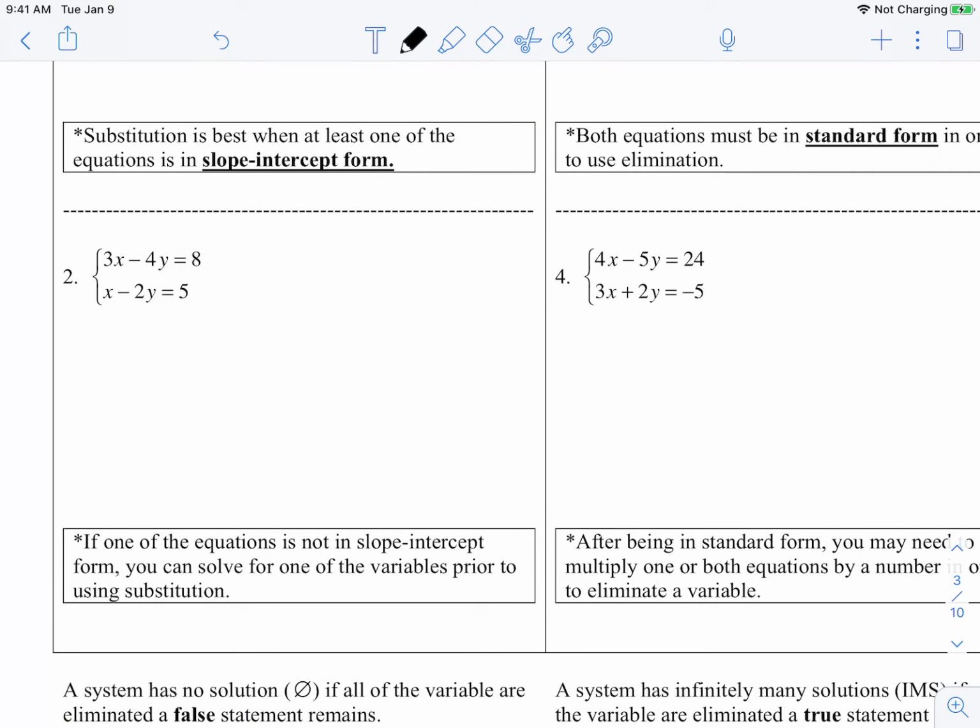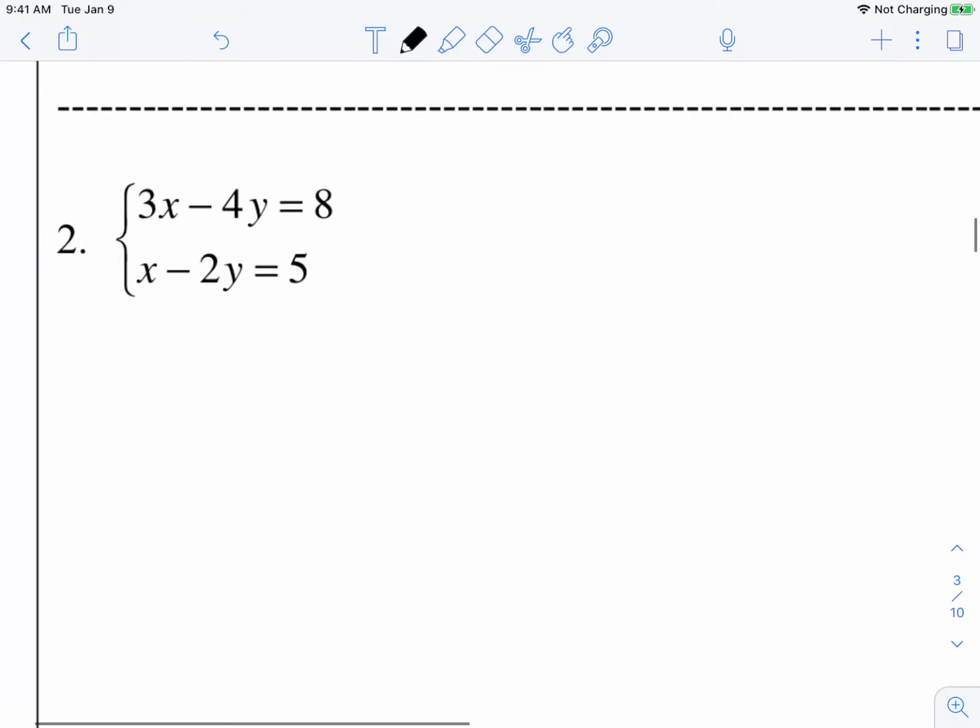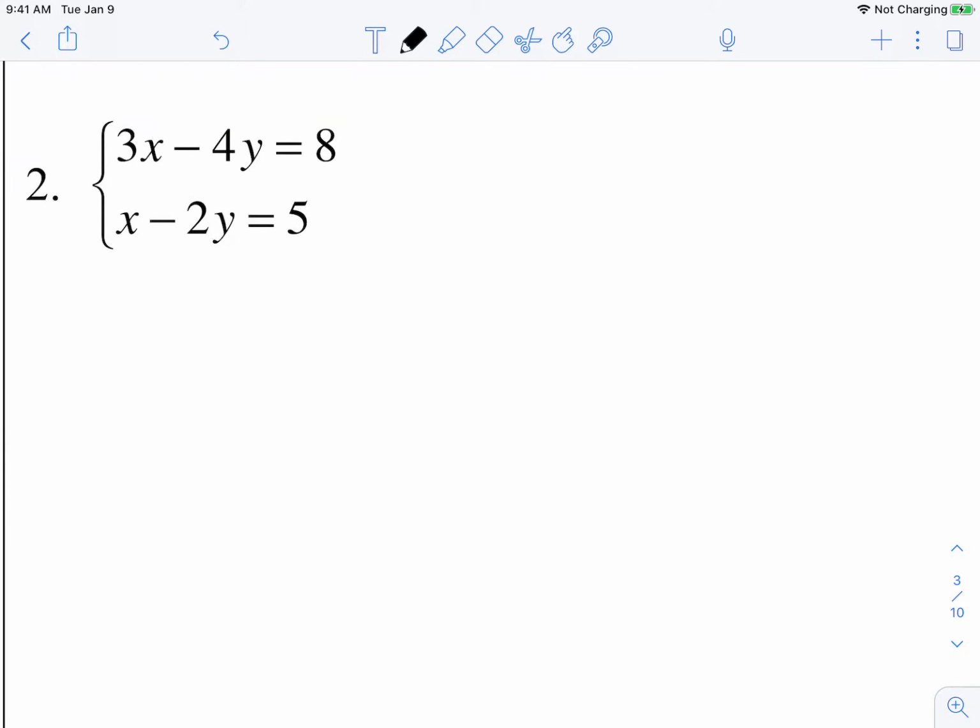Okay. When I look down here underneath, I notice that one of my equations is not in slope-intercept form. However, I can make it slope-intercept form. Or, if you don't want it to be slope-intercept form, you can always get x by itself too.